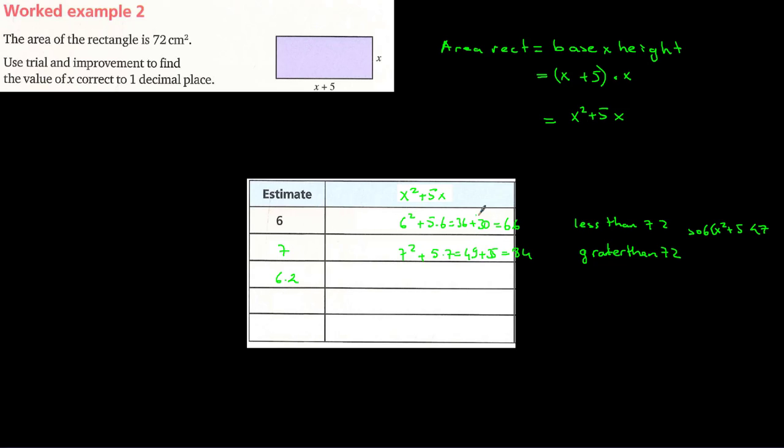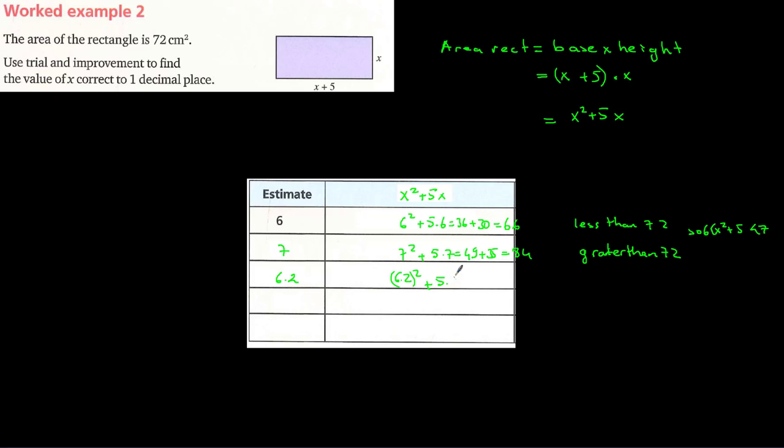That's why I'm using 72 between 66 and 84, and it is closer to 66, it seems, on the solution part. So 6.2 squared.